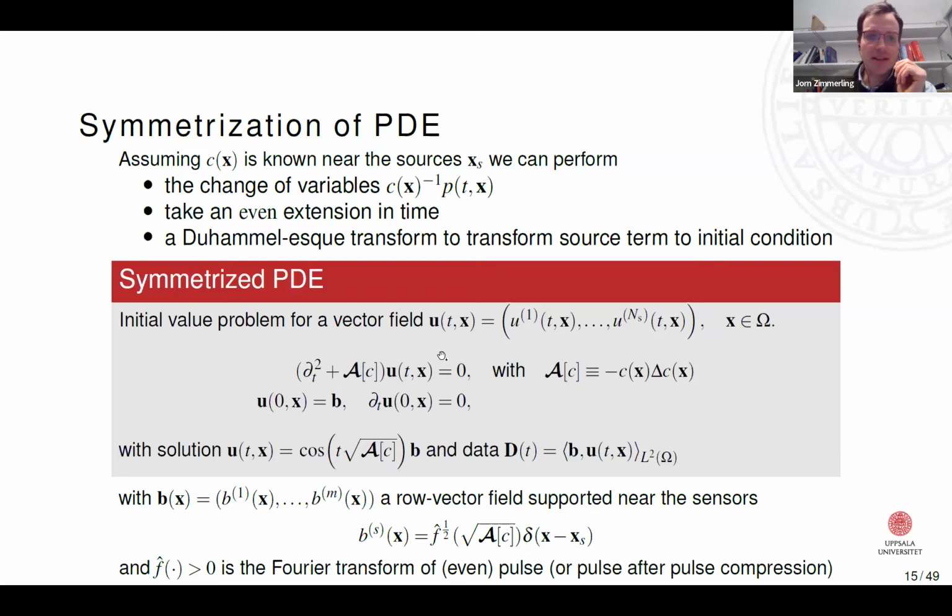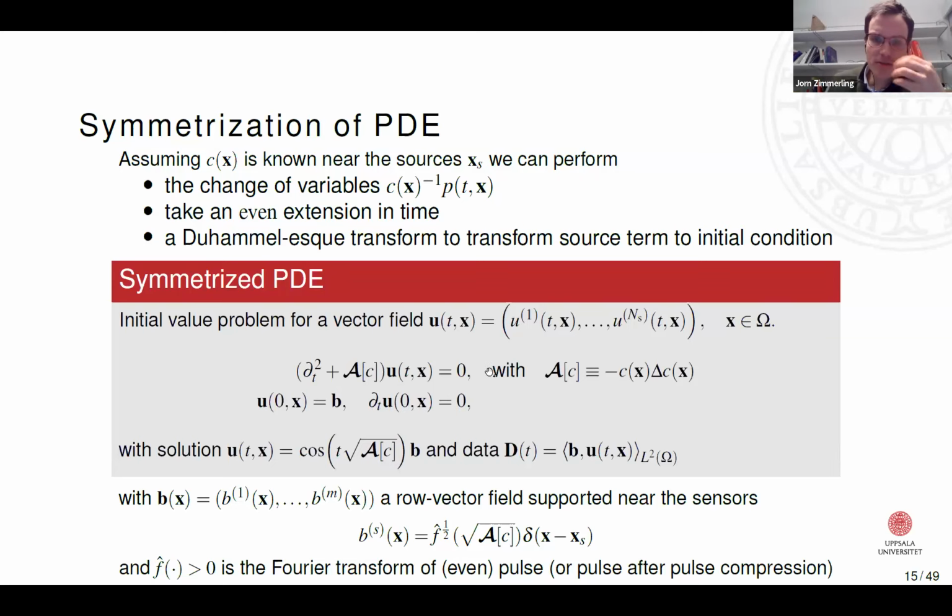Then we end up with the PDE in this red box over here, where we have the second derivative in time, plus our symmetrized operator that I talked about before, which is minus c Laplacian c, acting on fields u that have an initial condition at time 0 that we call b, and a time derivative that, because we have the even extension, is equal to 0.